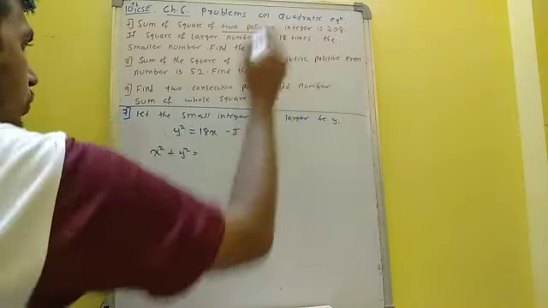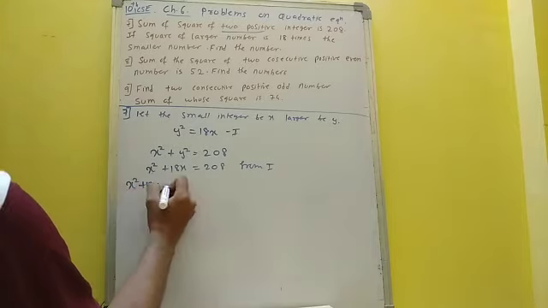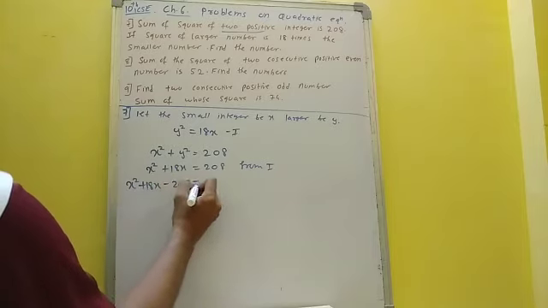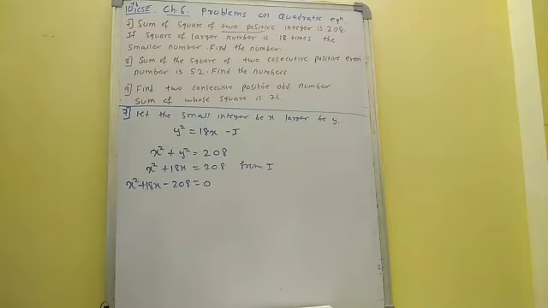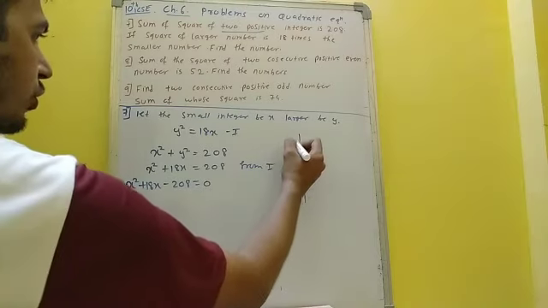In place of y square can I write 18x? So x square plus 18x is equal to 208, so x square plus 18x minus 208 is equal to 0. Now I need to split 208.